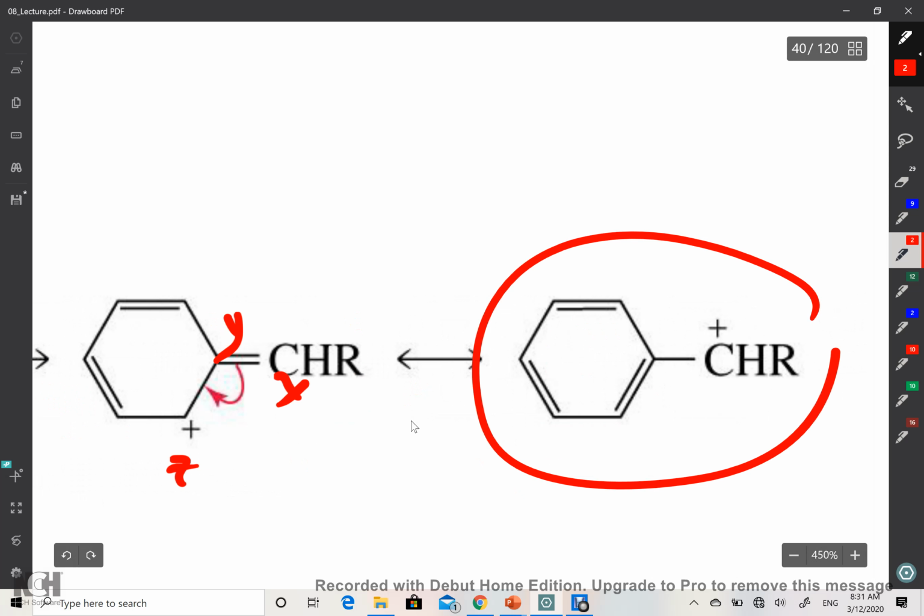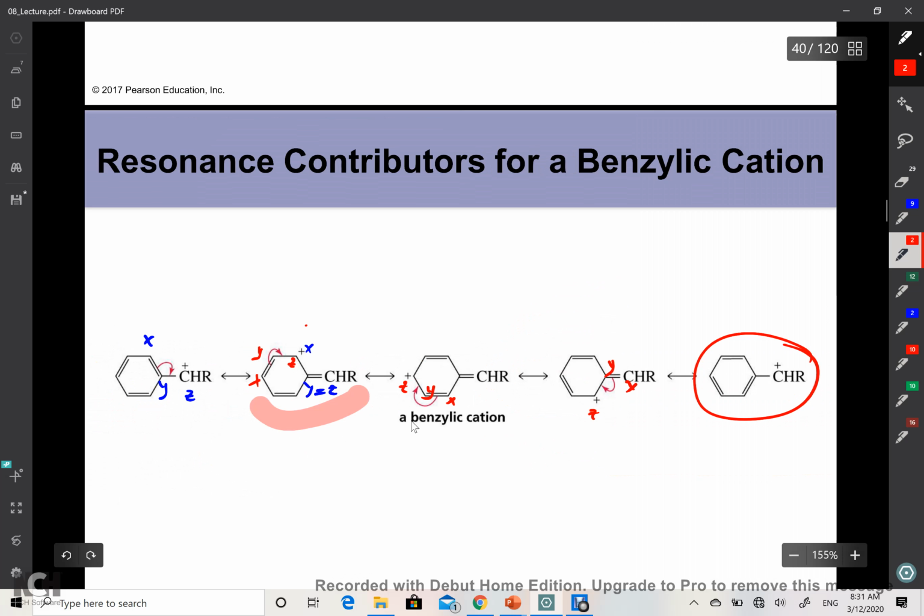Then I notice that this structure is very similar to that one over there. Then I stop. Does that make sense? So when I reach here, notice that this structure is not different from that structure. That's why you should stop. Does that make sense? How nice. It's good, right? Perfect.